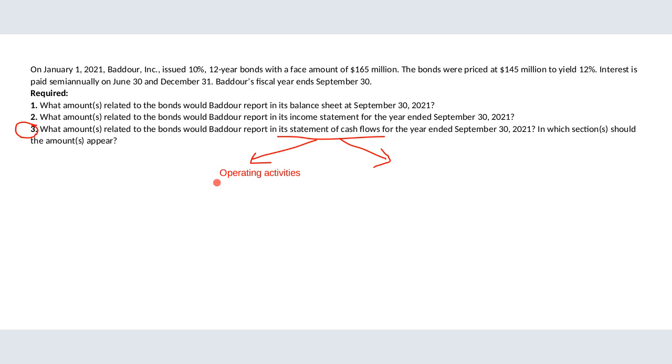You don't have to give me an amount. Yeah, these are the cash outflows for interest payments. Okay, so it's not the interest expense per se that's showing on the income statement, but the actual amount of cash outflows that we paid, right? The amounts that we paid.